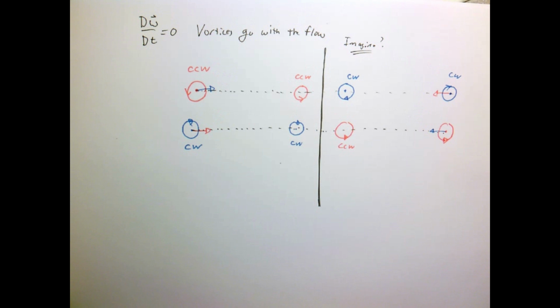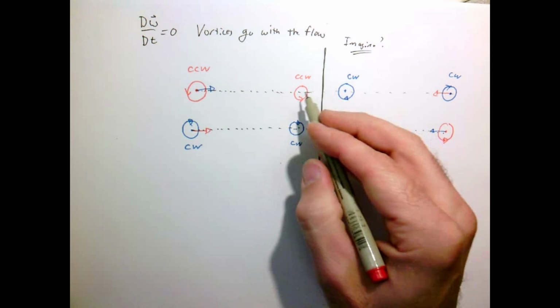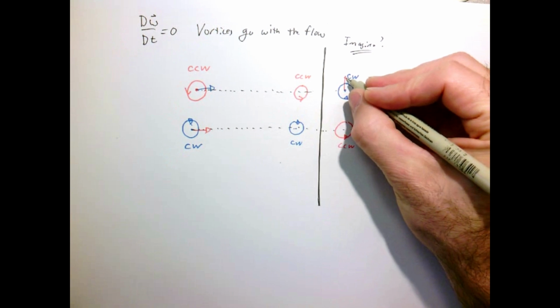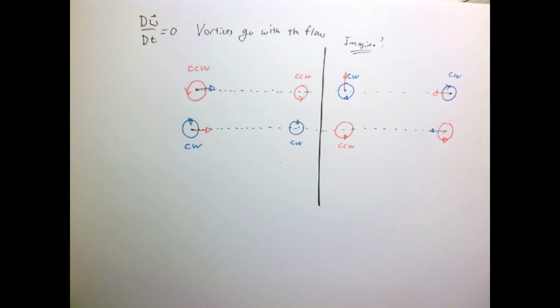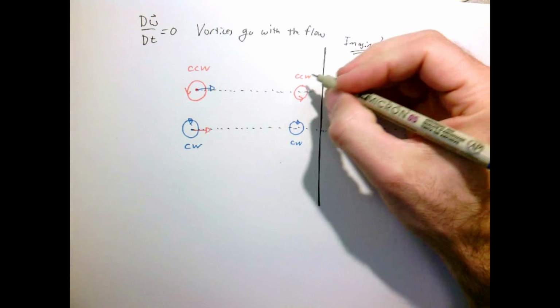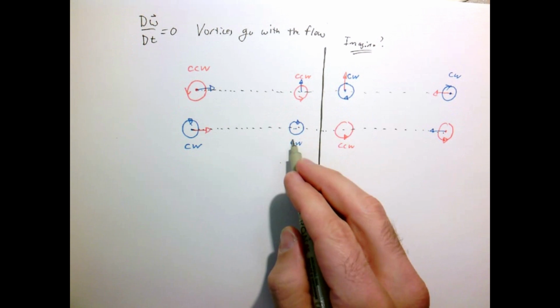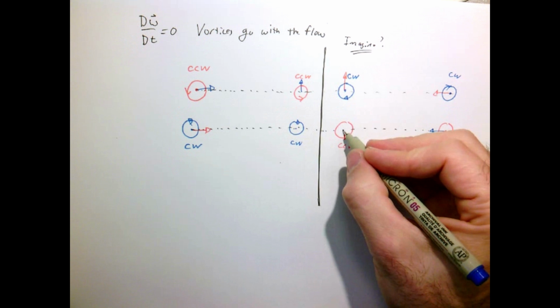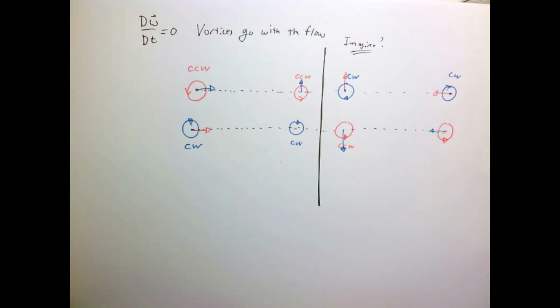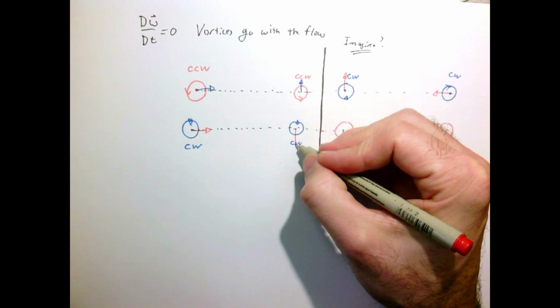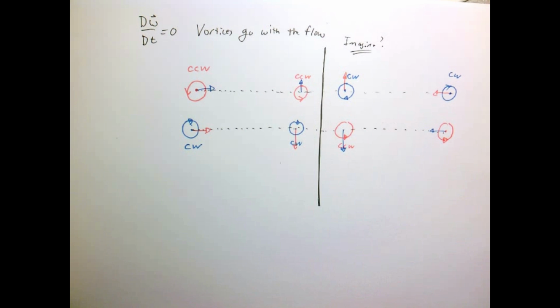Now we can see as these get closer that this one here is inducing a flow field which pushes on that one upward. This one is inducing a flow field pushing on that one upward. This one is inducing a flow field pushing on that one downward. And this one has a flow field pushing on that one downward.